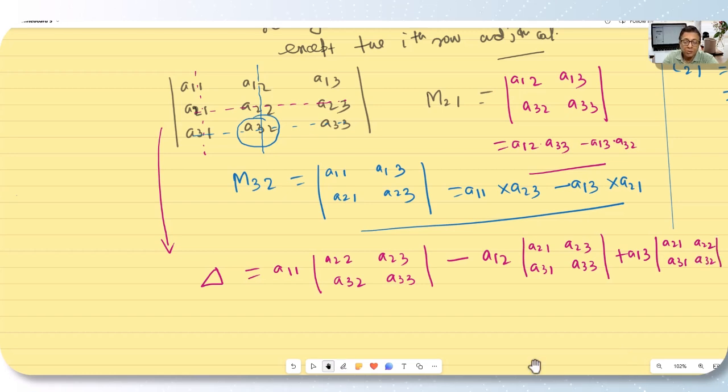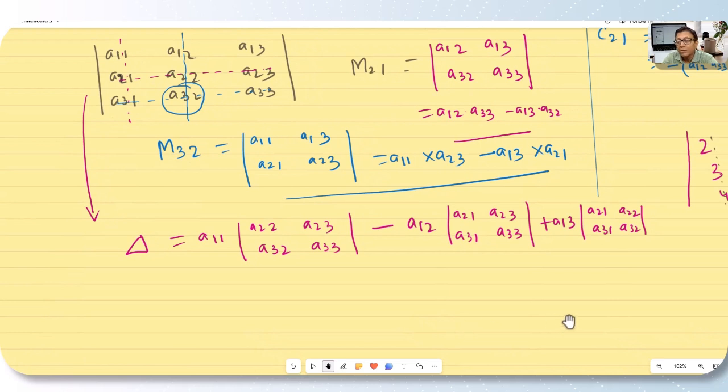So now A11 is the element and this part is the minor M11. This is the minor M12. This is the minor M13.